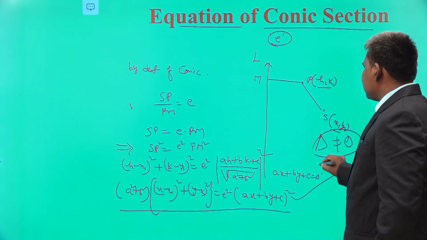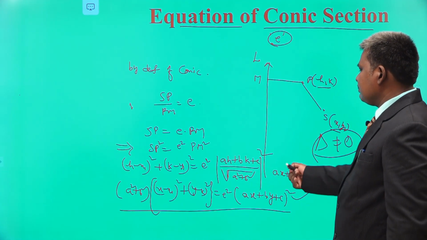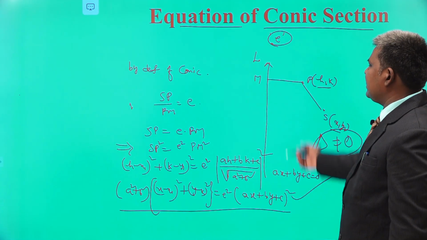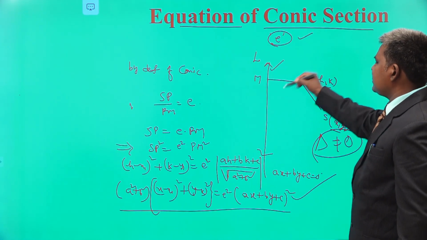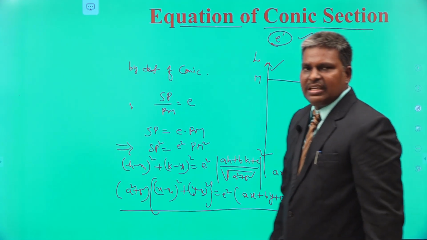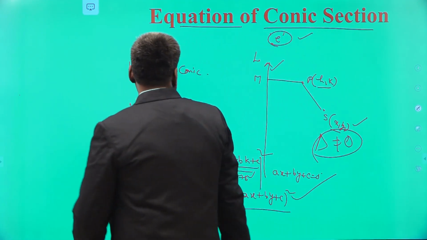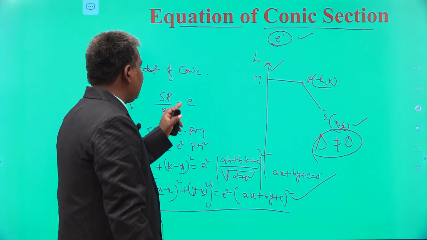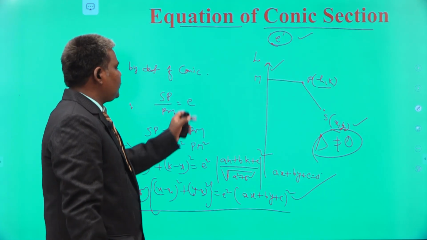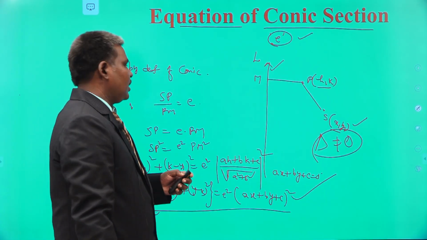So we obtain this conic section equation. Once you know the focus, directrix and eccentricity, we can build up the equation of the conic section. Understand? If E is greater than 1, what happened? Hyperbola. E less than 1? Ellipse. If E is equal to 1, we obtain a parabola.